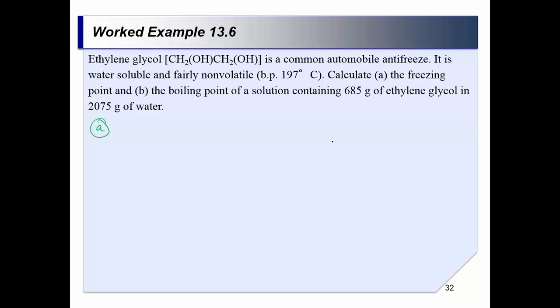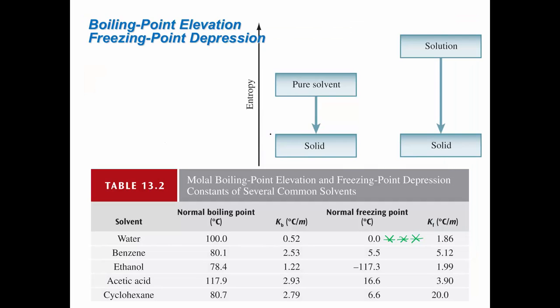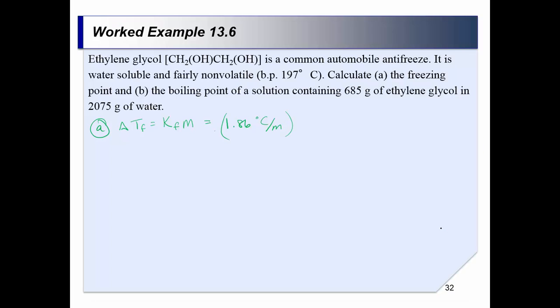Well, in order to calculate the freezing point, remember our freezing point depression will be equal to some constant times the molality. That constant is going to be 1.86 degrees Celsius per molal unit. And I found that right here on the table. You do not need to memorize it.